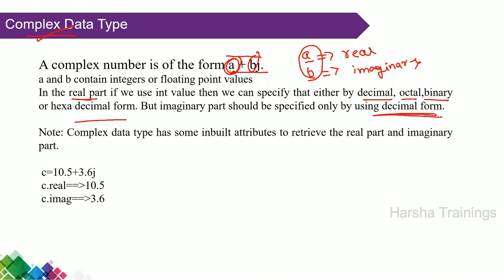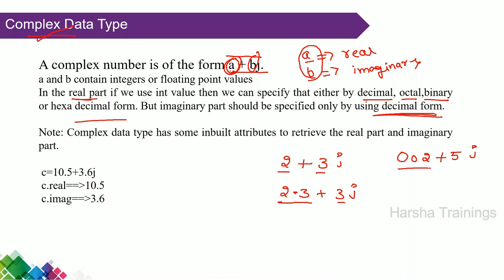This is the restriction. For example, 2 plus 3j. Here 2 is decimal, 3 is decimal. 2.3 plus 3j: 2.3 is a floating value, 3 is an integer decimal, not a problem. You can use any combination. Suppose 0o2 plus 5j.